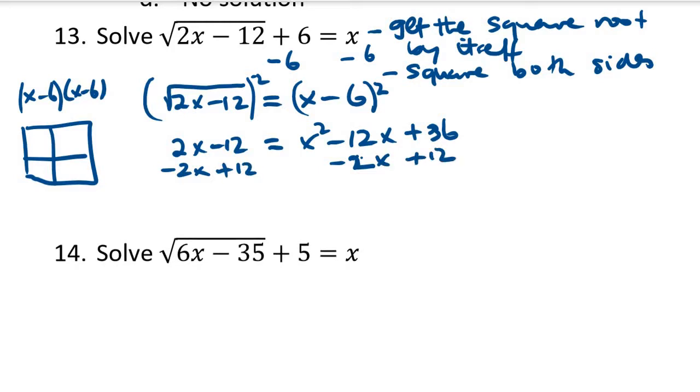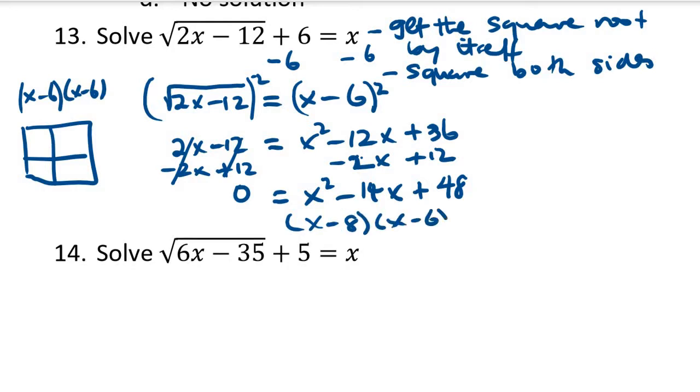That will make this all go away to 0, and then that will leave you with x squared minus 14x plus 48. Now this is a quadratic equation you can solve by factoring: x minus 8 and x minus 6.